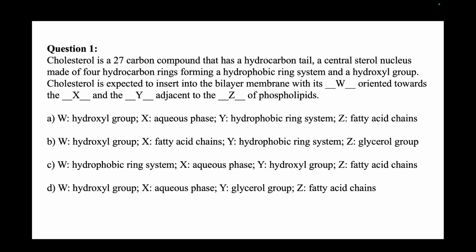Option C is hydrophobic ring system is oriented towards aqueous phase and hydroxyl group is adjacent to the fatty acid chains, and option D is hydroxyl group oriented towards aqueous phase and glycerol groups are adjacent to phospholipids. So, which would be the correct answer? Anybody wants to answer this question? What would be the correct answer for this?